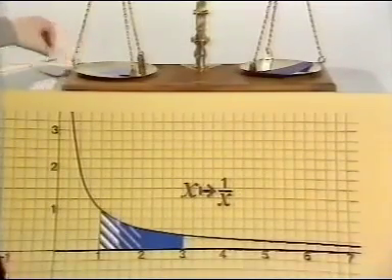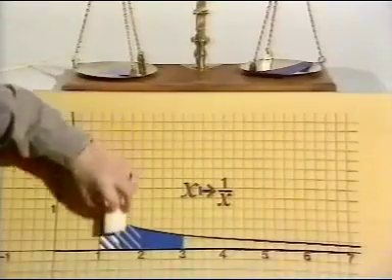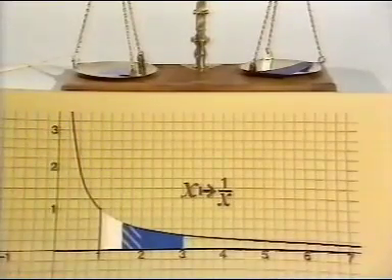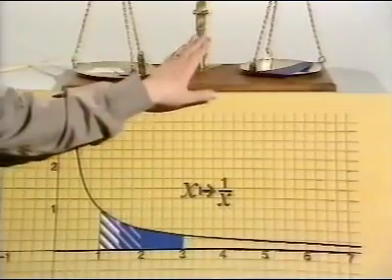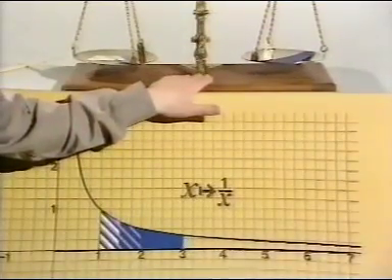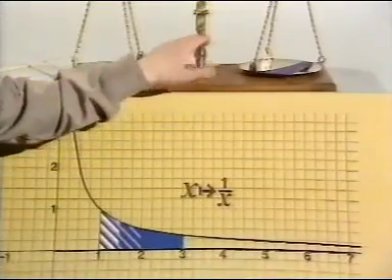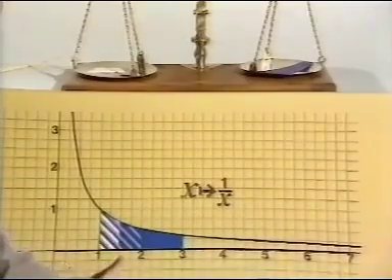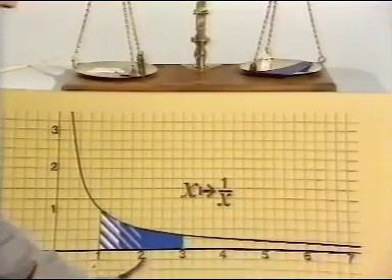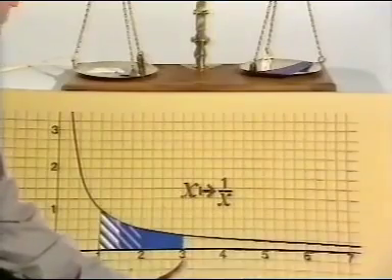Well, here is this piece from 1 to 1.5, and when I put that in the left-hand pan, I get it to balance. And so, in fact, my rule works. The rule always works. In order to find what balances these two endpoints, I simply multiply them together.